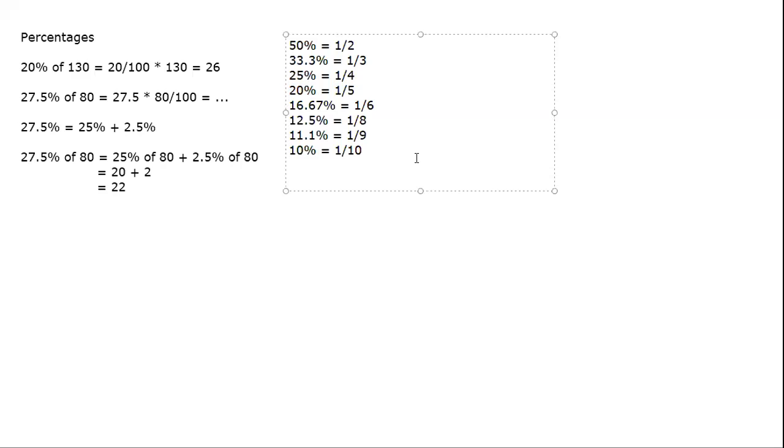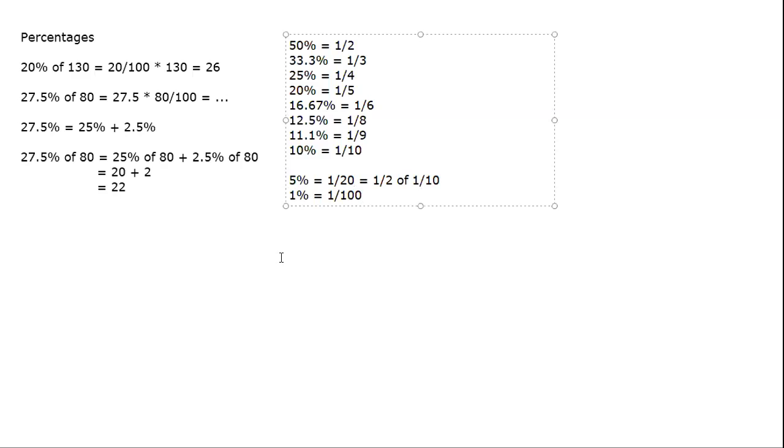Some other percentages which are useful are 5%, which is basically 1 over 20, which can be thought of as half of 1/10. How we use these we will discuss, but let's first understand that these are the values which you should be aware of. 1% basically means 1/100th, or 1/10 of 1/10 in a way.